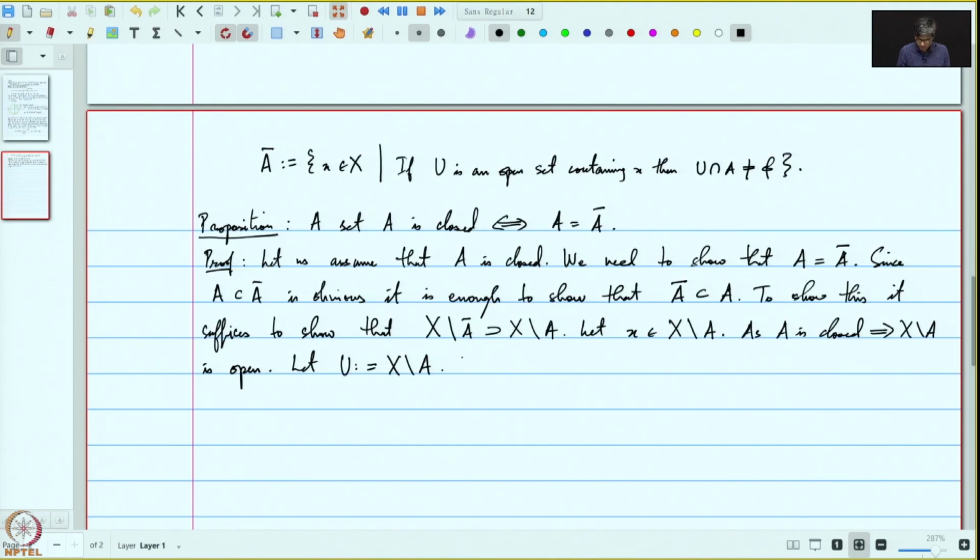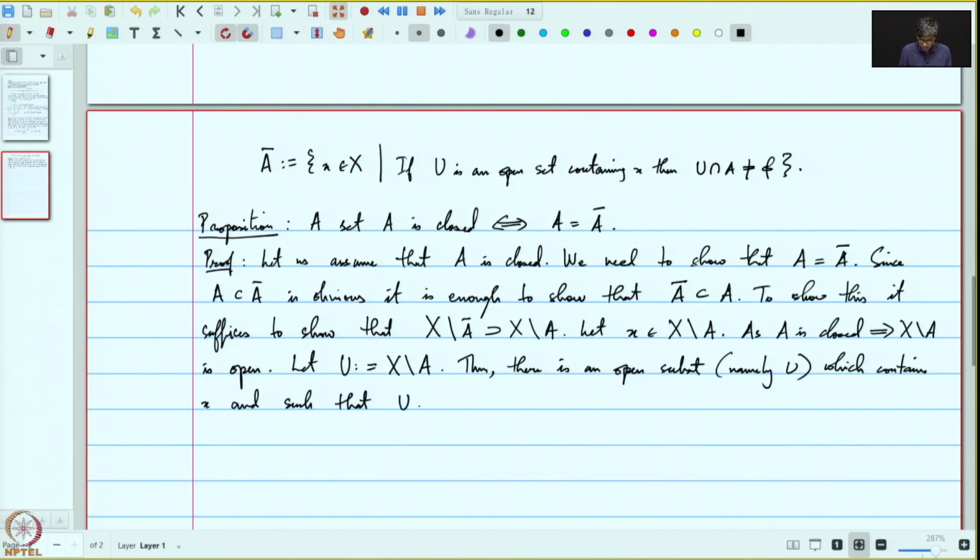Right. So thus there is an open subset, namely U, which contains x and such that U intersection A is empty. Right?